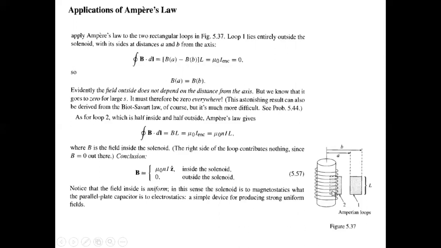It just depends on how you're considering your loop, the Ampere's loop.